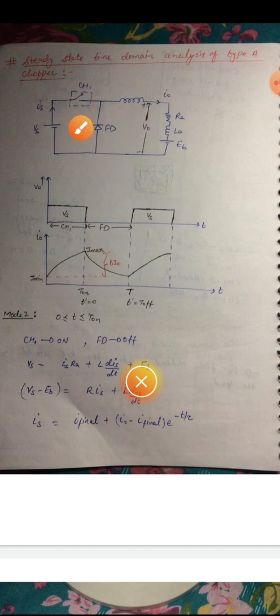The switch is being turned off. Then what will happen? This inductor, which charged itself with plus and minus polarity, will change its polarity here, plus and minus, and it will discharge itself, because it maintains the continuity of current flow. That is a property of inductor: you can't interrupt the current instantaneously in an inductor.